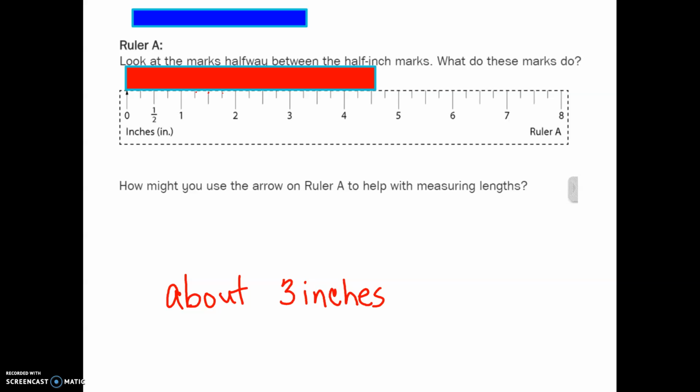But this one here is really close to this halfway line, so that's half. I would say that that red line is about 4.5 inches long. Okay, good.